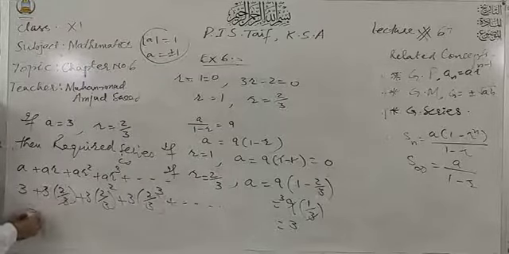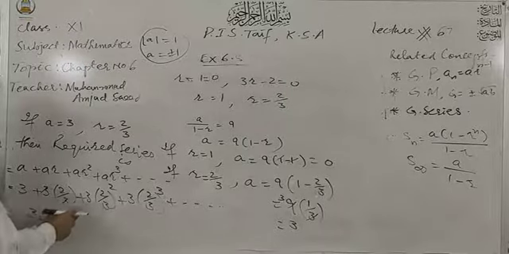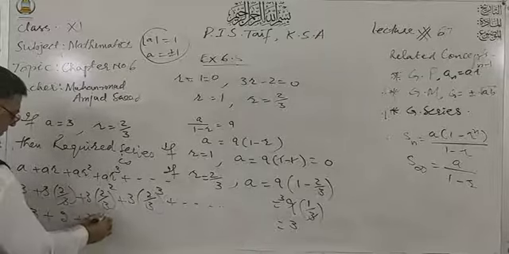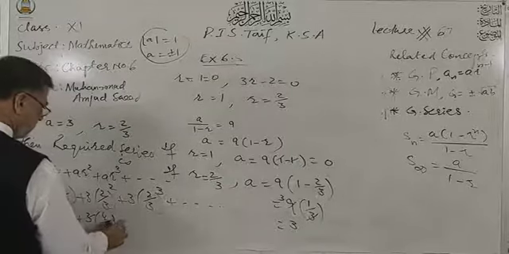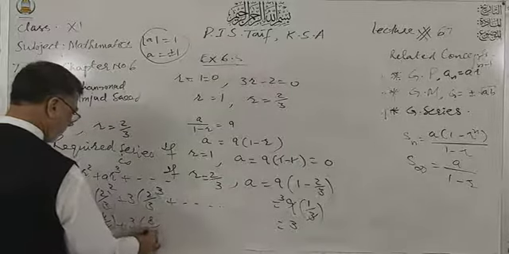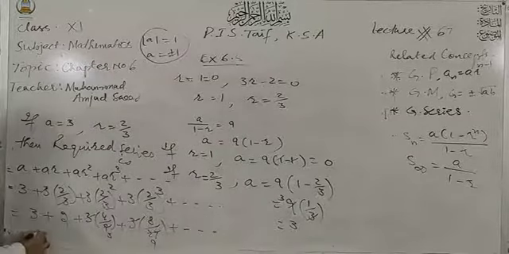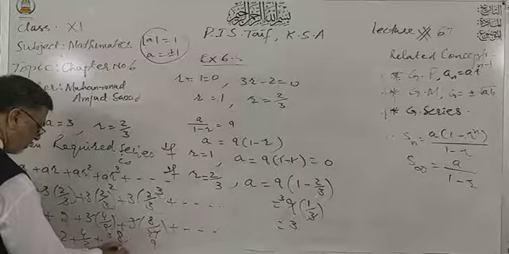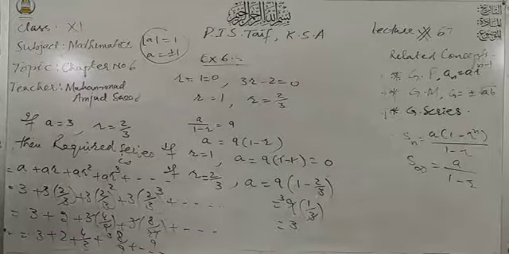So that will be 3 + 2 + 3 into 4/9, that will be 4/3, plus 3 into 8/27, that is 8/9, plus so on. 3 + 2 + 4/3 + 8/9 + so on. Dear students, this is your required geometric series.